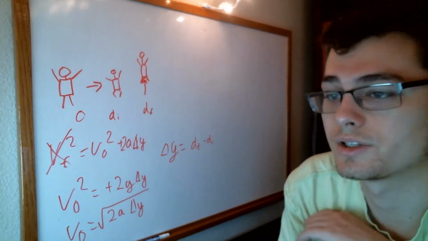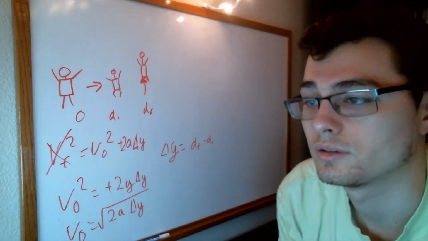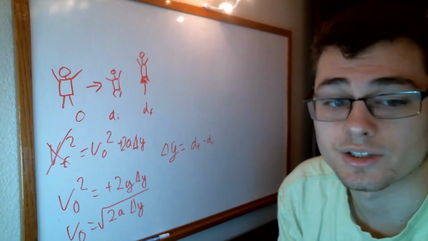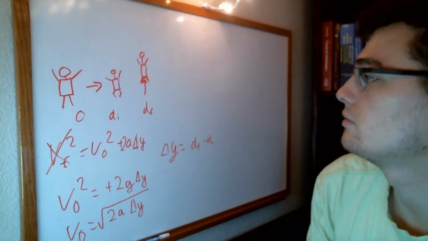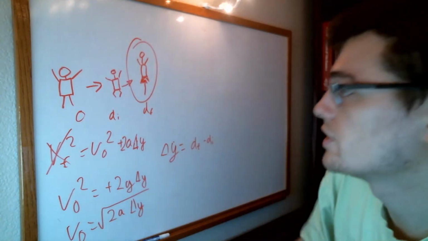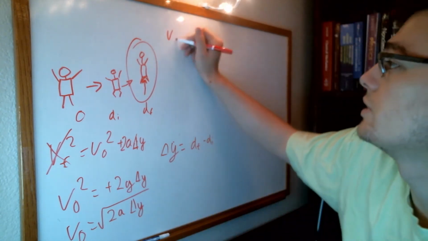And so now it's going to ask what is his acceleration as he's straightening his legs. So we're now not talking about when he's in the air, but in between these two stages here. So in this case, we can use the same equation.